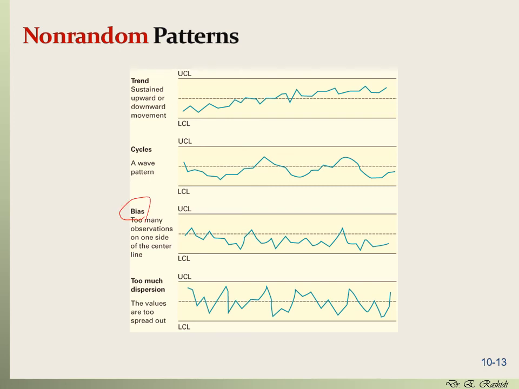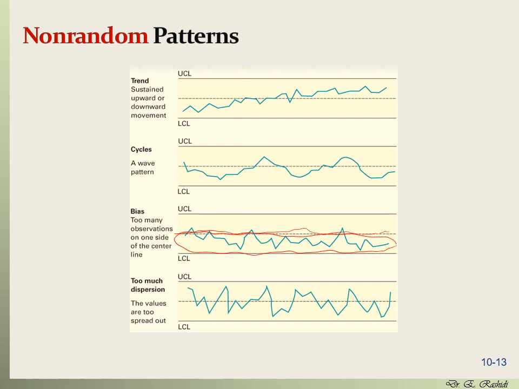The next one is the bias. As you see here, this is the upper control limit and the lower control limit. Based on testing by the control chart, this would pass as a random natural event. But if you look closer, you're going to see that this is the middle of the control chart, and the majority of data here are below the average.